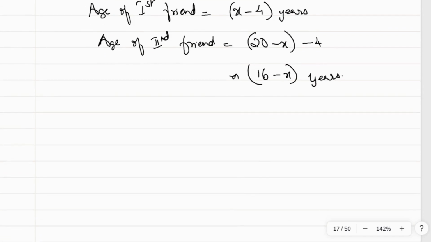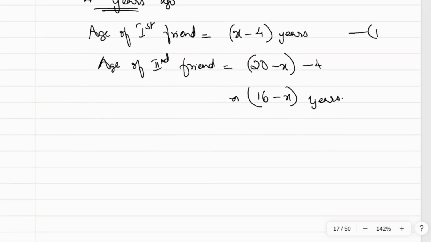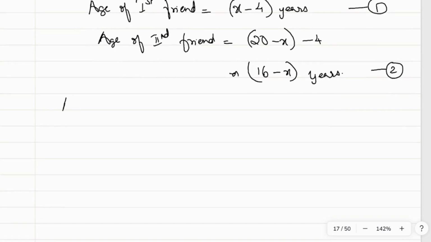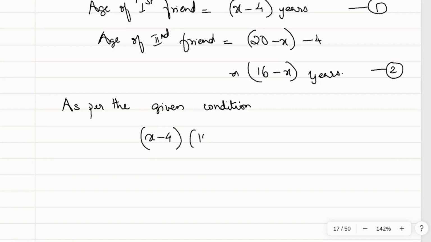Okay. Then a condition is given. What's the condition given? The product of these two ages, when multiplied together, you will get their product as 48. That means as per the given condition, we can write x minus 4 into 16 minus x equals 48.